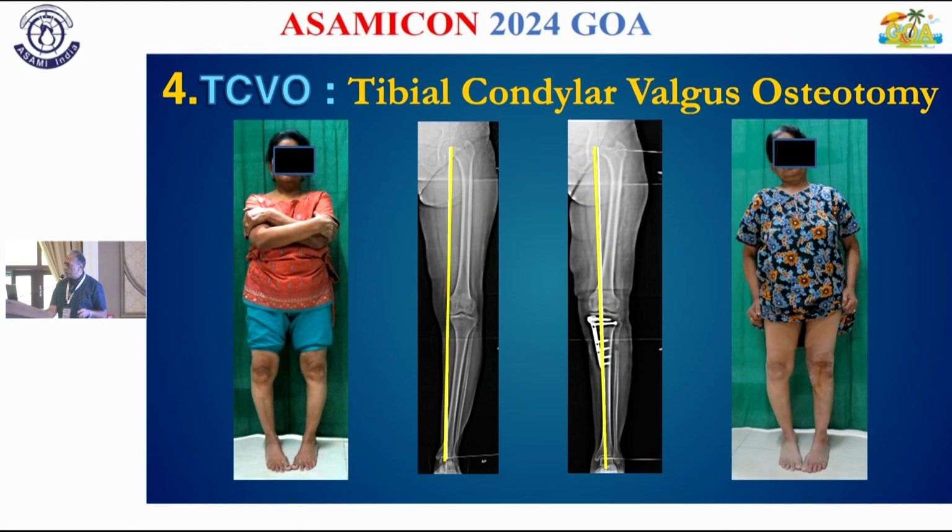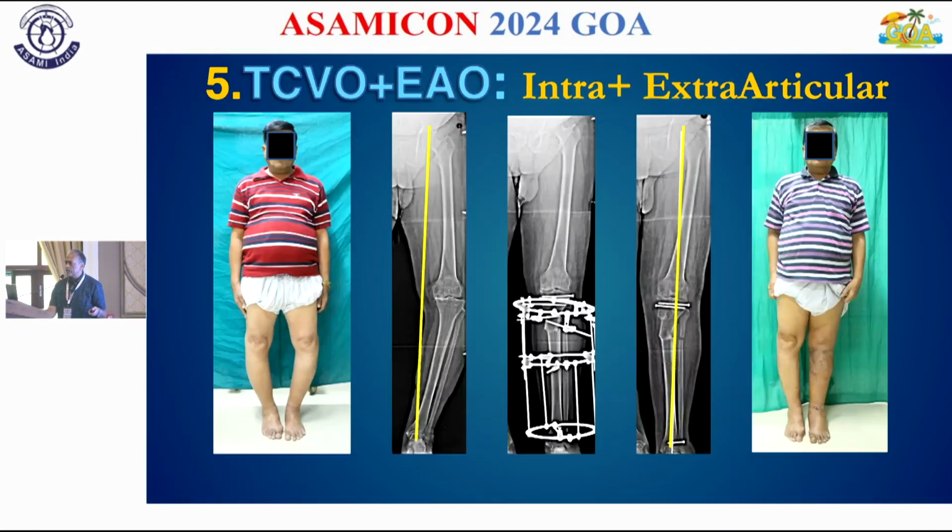Dr. Ishani alluded to them. This is the TCVO started by Professor Teramoto, which we will be briefly alluding to, in which it's an intra-articular medial tibial condylar elevation osteotomy, like a hemi-plateau elevation that's done in Blount's, so that the incongruity of the joint is corrected.